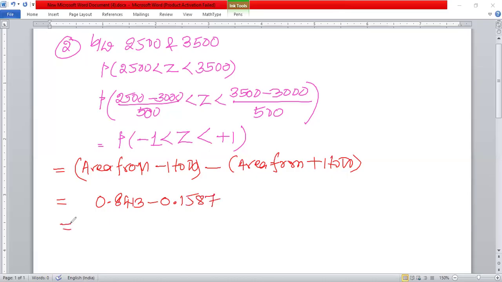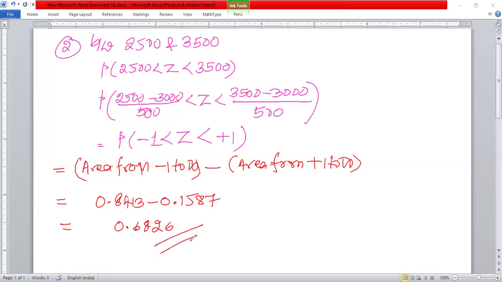The final answer is 0.8413 minus 0.1587, which is 0.6826.